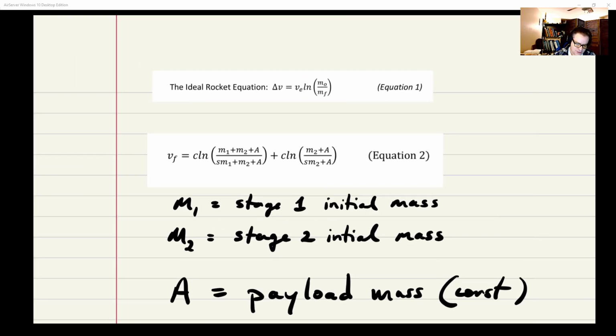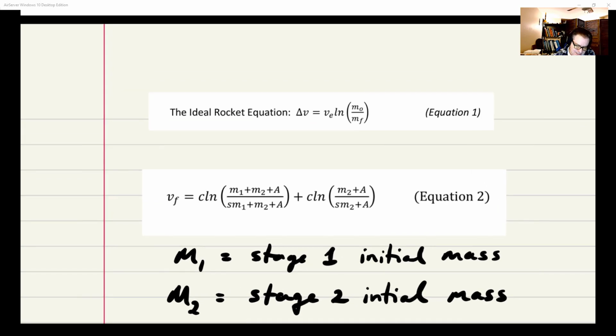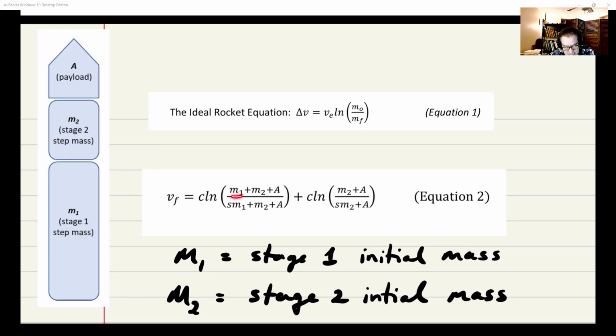And so maybe another thing that's really important to focus on at the very beginning here is this mass ratio, this fraction in the argument of the natural log function. Notice that we had the initial mass and then the final mass. This is the mass after the fuel is burned. So if you think about each of the arguments here, this is the initial total mass of the rocket with the initial stage 1 mass, initial stage 2 mass, and payload. And what do we have in the denominator? Well, we have the structural factor times the stage 1 mass.